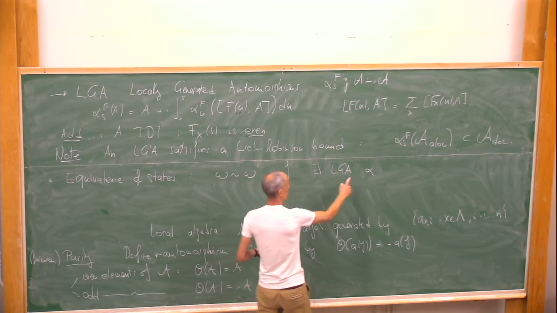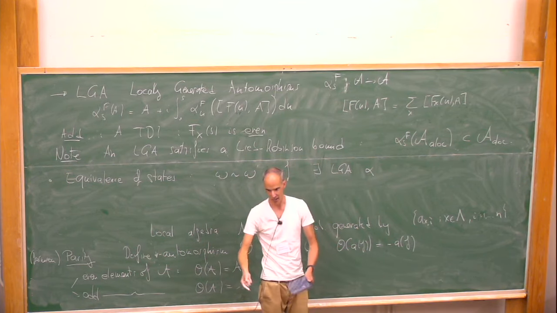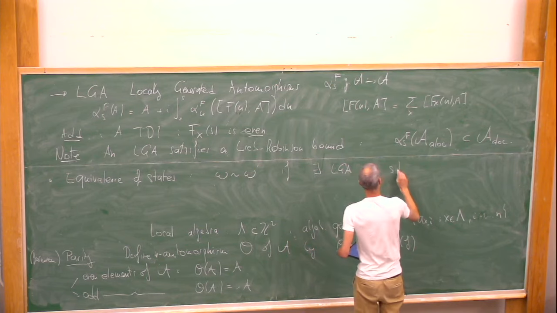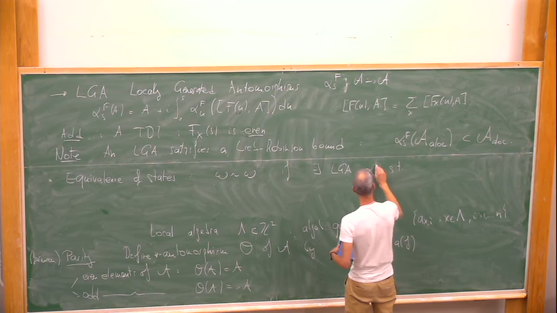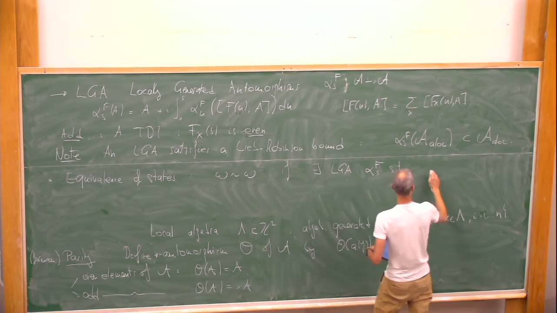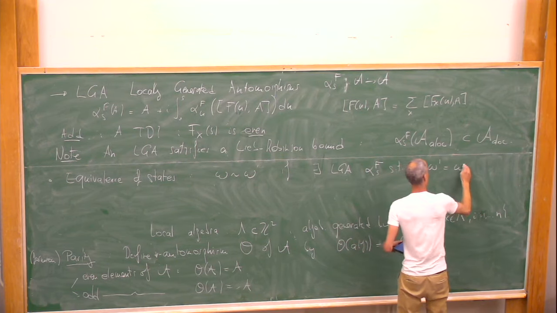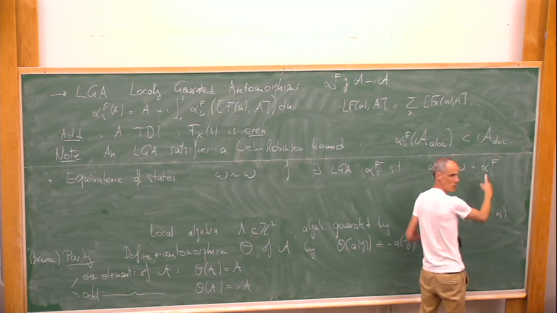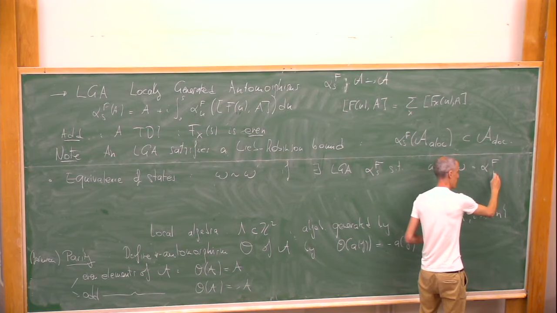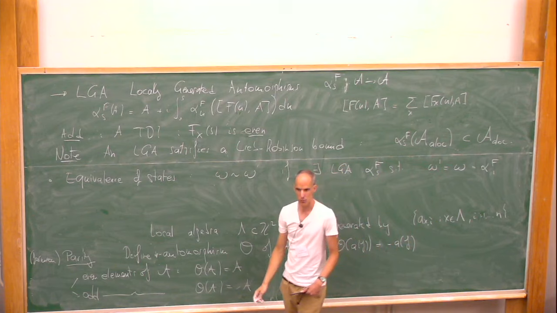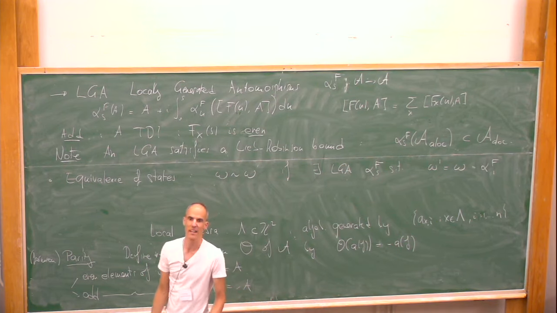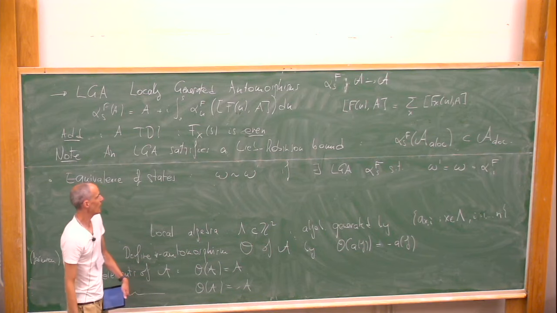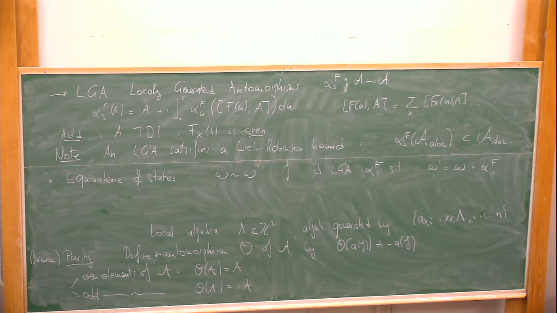So when I say an LGA alpha, that means there is an interaction that generates this guy, such that omega prime is obtained from omega by the evolution with this locally generated automorphism for time, and the convention is to take time 1. So it's a finite time. Okay? So that's a definition. It's a good definition. It gives you an equivalence of states.